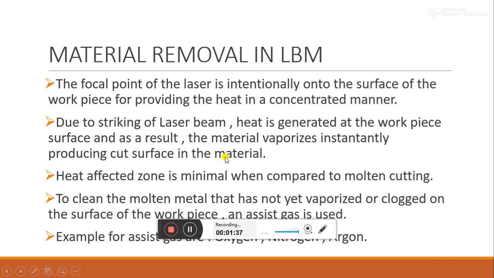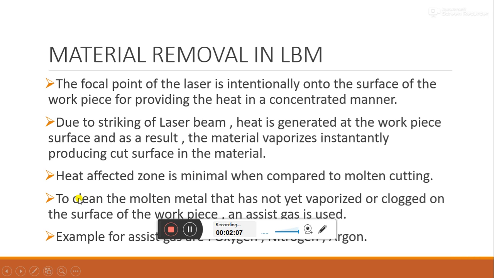Now, the heat affected zone is minimal when compared to molten cutting. In whatever process there is melting of a material, there is always something called HAZ or heat affected zone. Compared to other molten cutting methods that we have learned, the HAZ in LBM is very small.